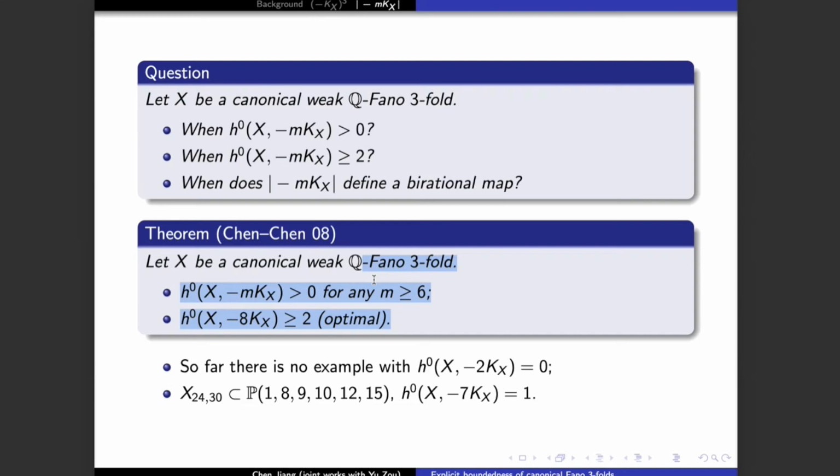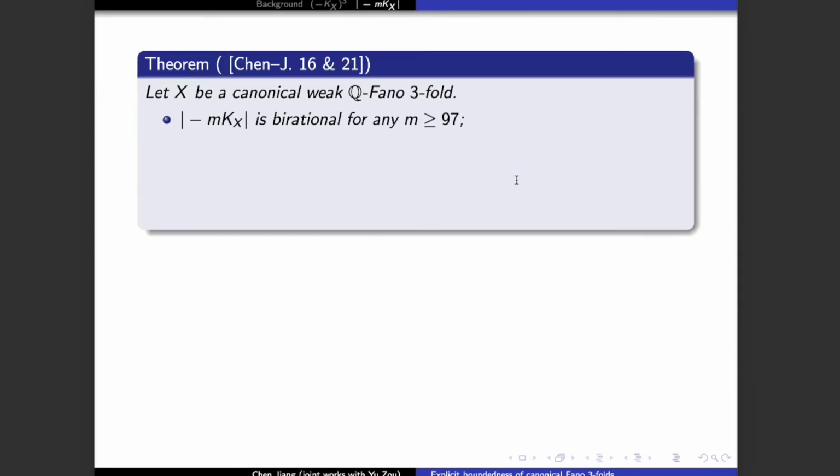You only look at when the Riemann-Roch vanishes or when it has at least 2 sections or something. So their proof is purely combinatorial. But if you want to know when minus mK gives a birational map, then this becomes a more geometric question.